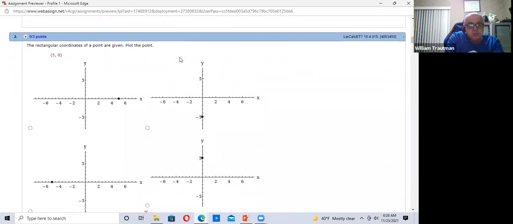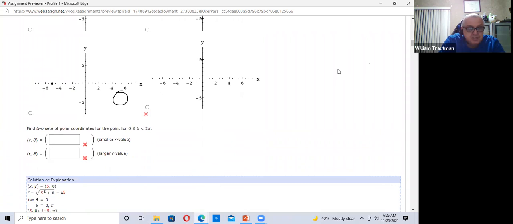Let's try another one. The rectangular coordinates are given. Plot the point 5, 0. All I have to do is find 5, 0. There we go, right here. And there's the rectangular coordinate, 5, 0. Do we want to change it? The rectangular coordinates of a point are given. Oh, find the 2 sets of polar coordinates.